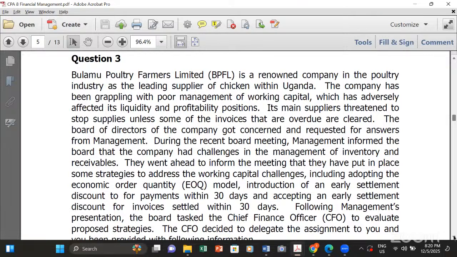But during the recent board meeting, management informed the board that the company had challenges in management of inventory and receivables. They went ahead to inform the meeting that they have put in place some strategies to address the working capital challenges, including adopting economic order quantity model, introduction of an early settlement discount for the payments within 30 days, and accepting an early settlement discount for invoices settled within 30 days.